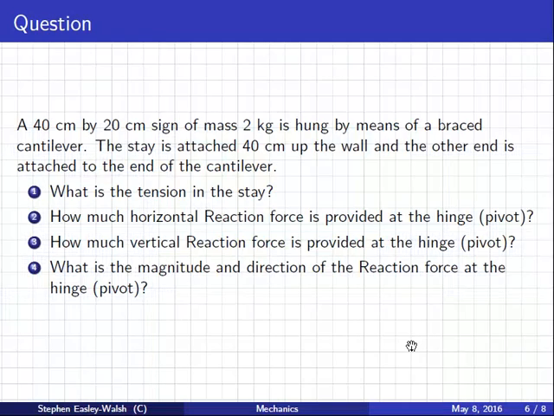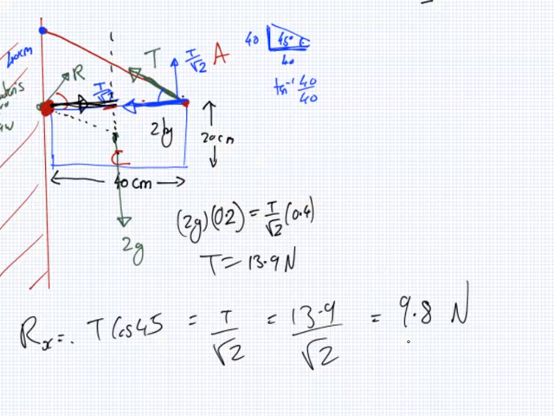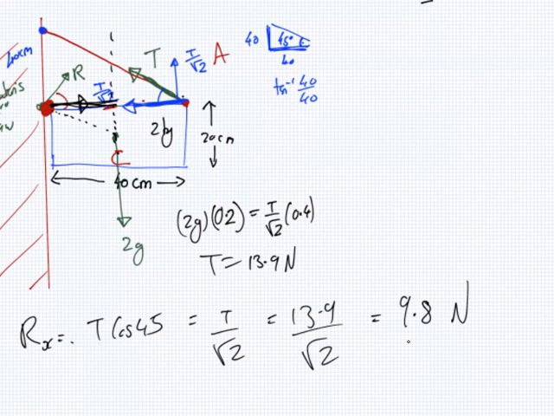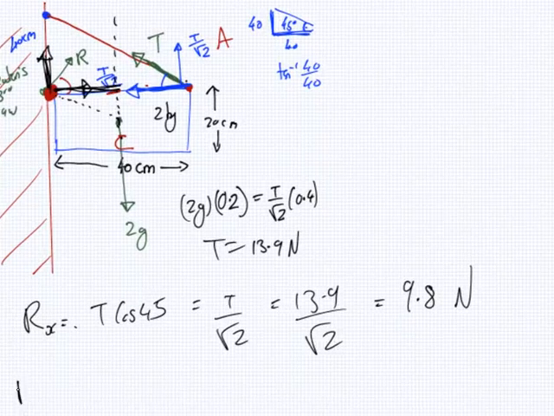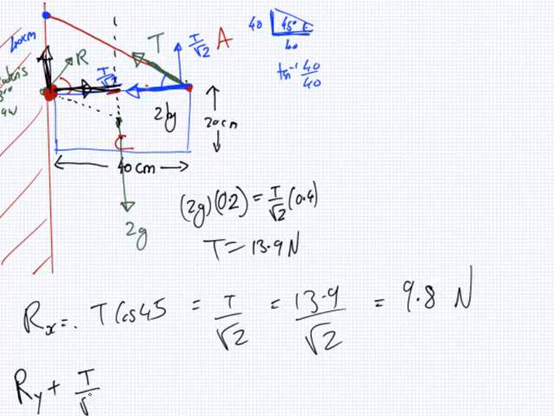And finally, part 3, what's the vertical force? So here, what's the R Y? Watch carefully, please. The forces acting up. What forces are acting up? T over root 2, and R Y. Or in other words, I'd rather say it like this.